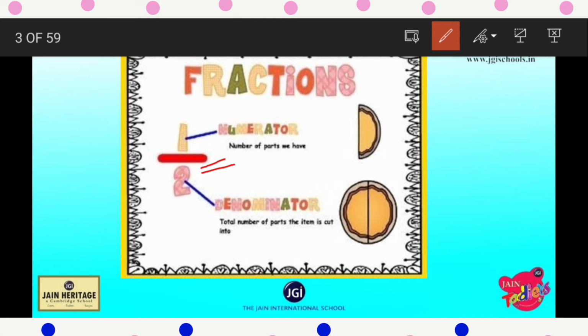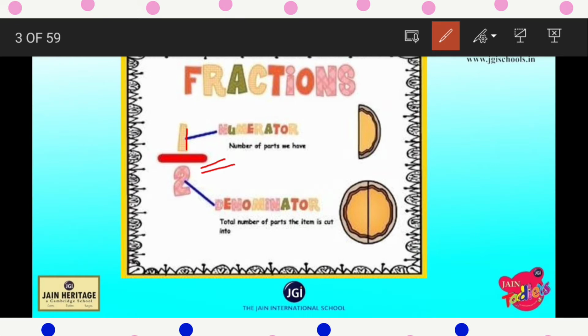This red line is known as fraction bar. The number that is above the fraction bar is known as numerator, and the number below the fraction bar is known as denominator.